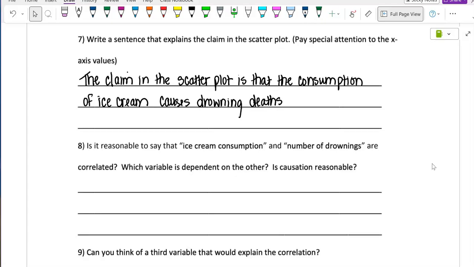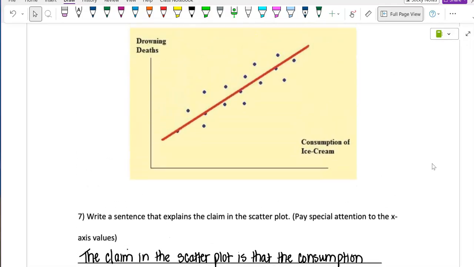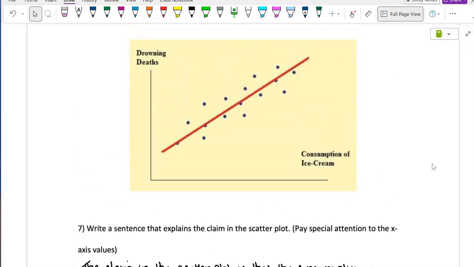Now the next question asks, is it reasonable to say that ice cream consumption and number of drowning deaths are correlated? Again, not causation, but correlation. If I go back to this graph, is there a correlation, either positive or negative, in this graph?